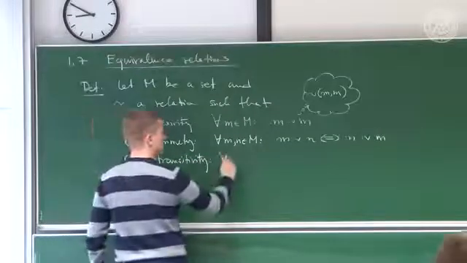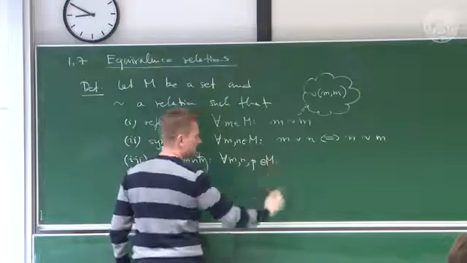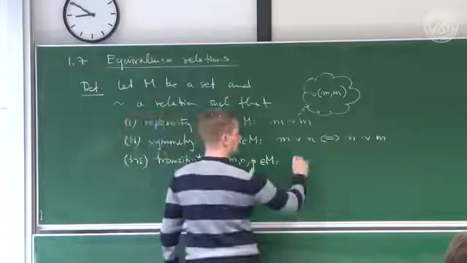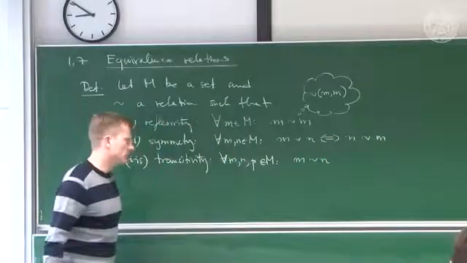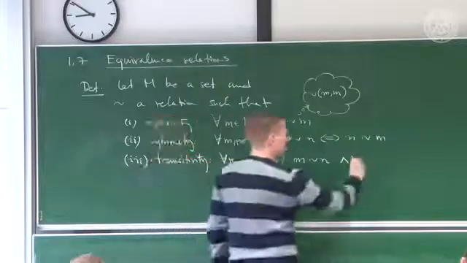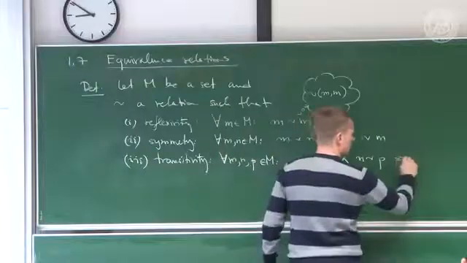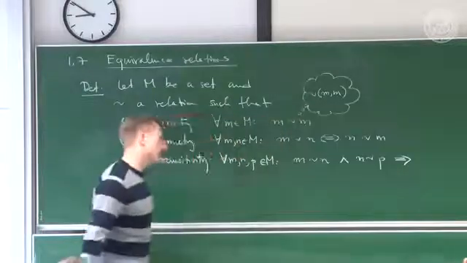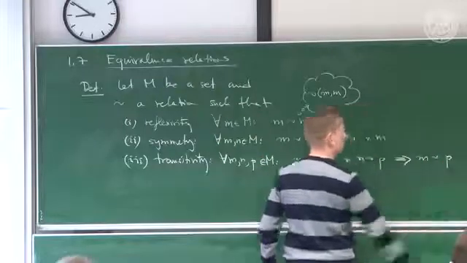Transitivity means that for all m, n, and p in the set M, if m ~ n is true, and additionally n ~ p is true, then it must follow that m ~ p.